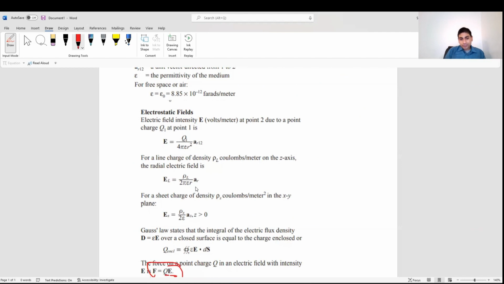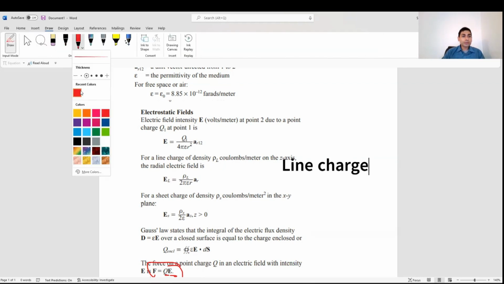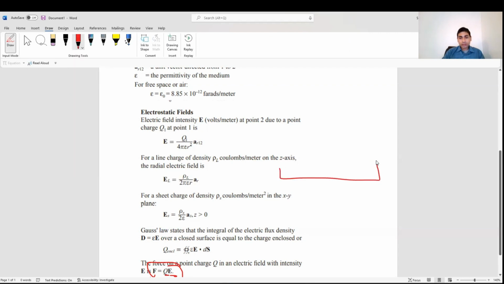Now, however, if you're trying to find it for a line charge, that means not a single charge, let me just show you. Okay.